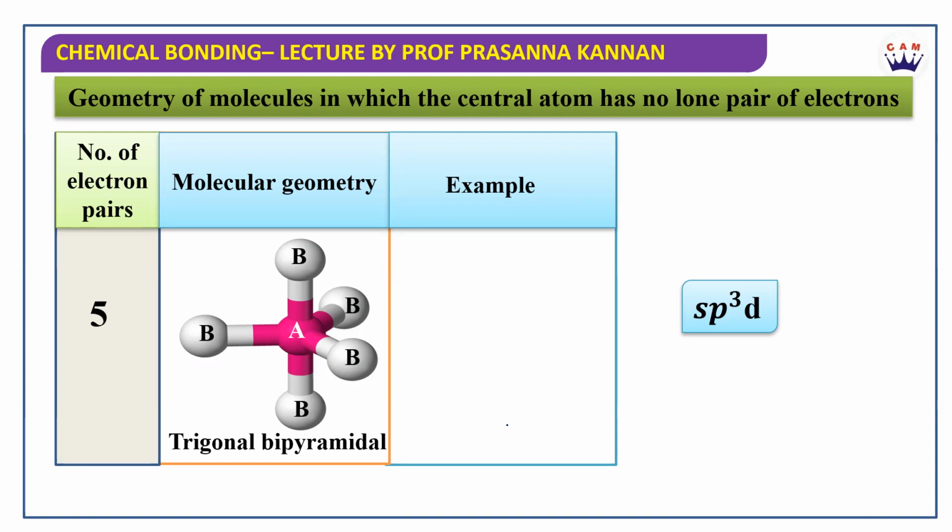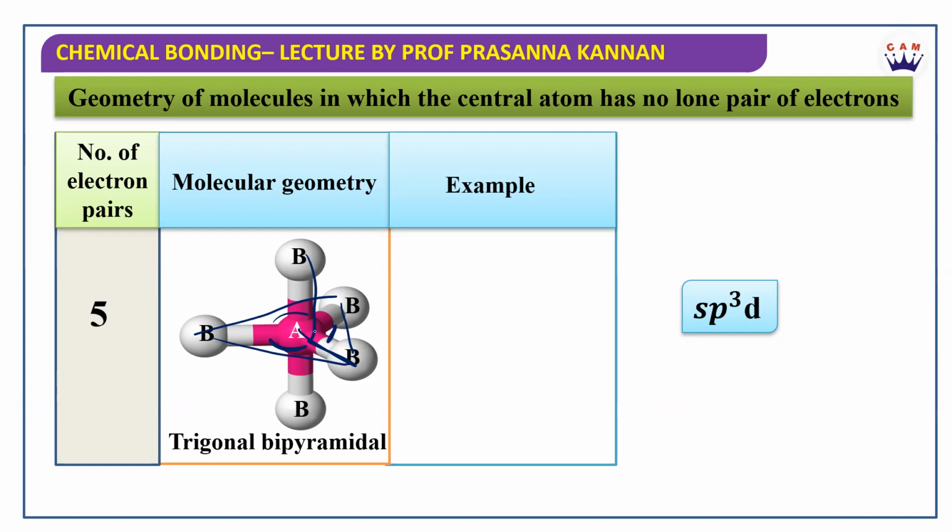See here. There is a triangle here. So the angle between those bonds will be what? 120 degrees, like BF3, correct or not? What about the bond angle between this AB and this AB? Aren't they at right angle?